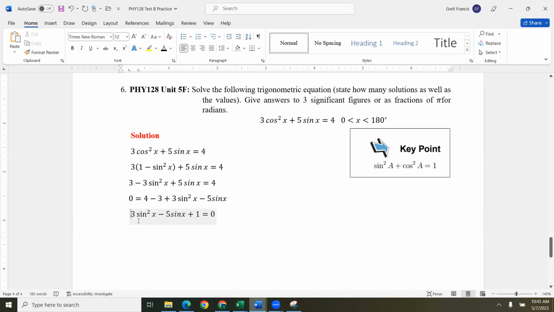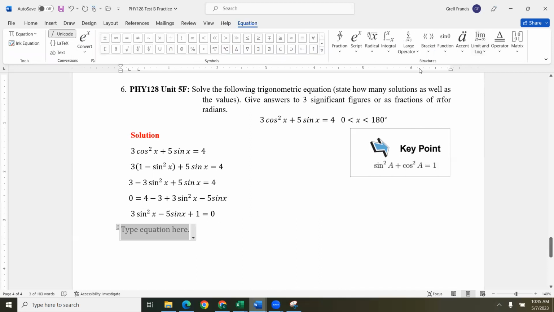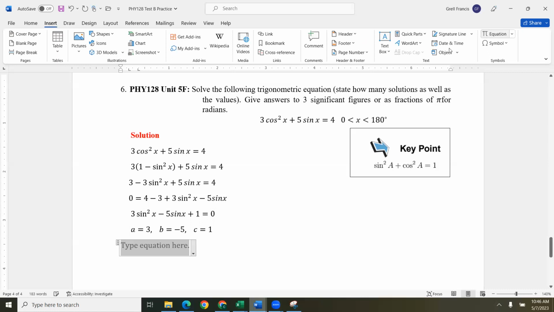So now we can identify the values of a, b and c, as a would be equal to 3, b is equal to -5, and c is equal to 1. So now we can substitute these values into the quadratic equation.